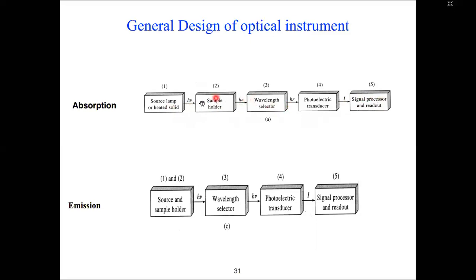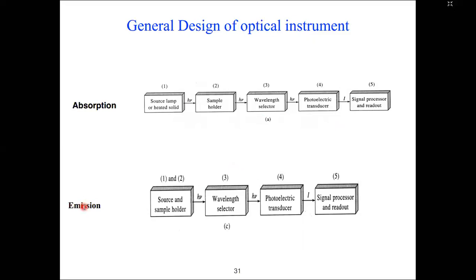So these all H mu are the non-electrical information, goes into the photoelectric transducer, converts that into the electrical information. I is the current. So this converts the non-electrical information into electrical information. Now that electrical information is amplified and analyzed by signal processor, and we get the information that is non-electrical from readout device. Okay, this is the general setup.